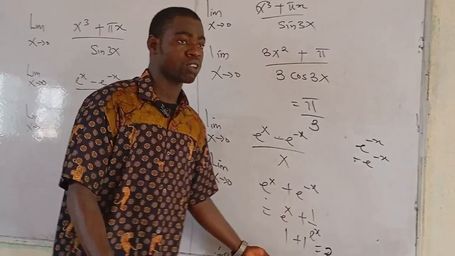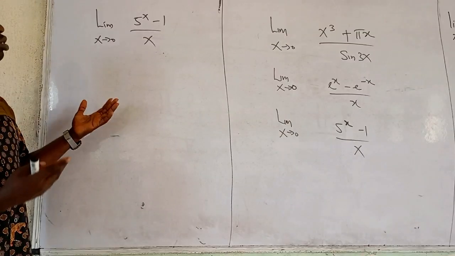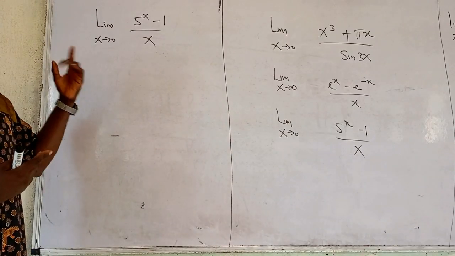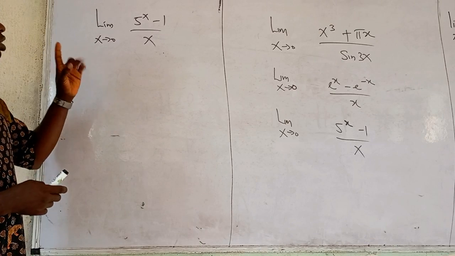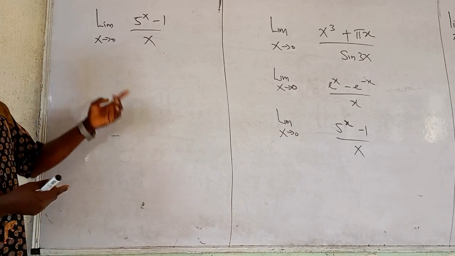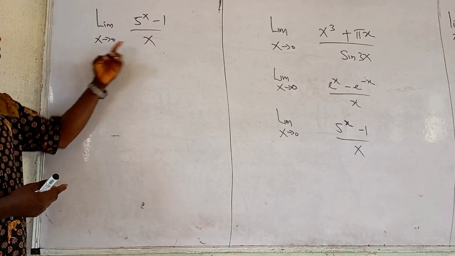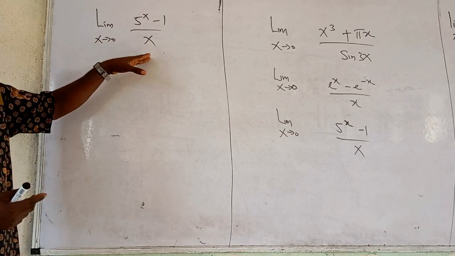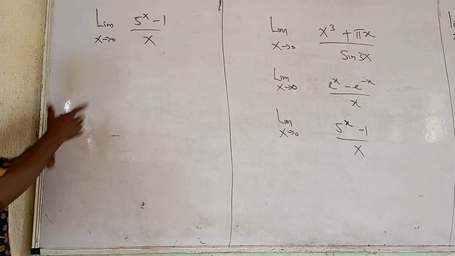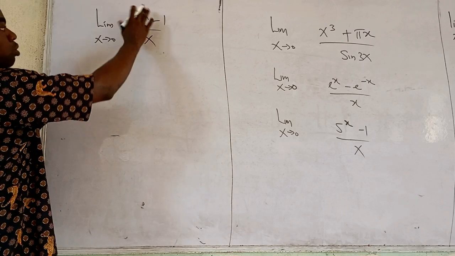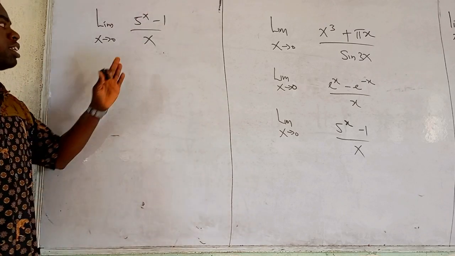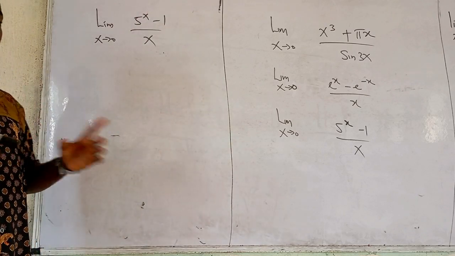Now, follow me as we attempt the last question, which is very, very interesting. Looking at it, it is still by L'Hopital, because if you substitute x for 0, you don't want to divide by 0. So by L'Hopital's rule, we differentiate the numerator and the denominator separately.